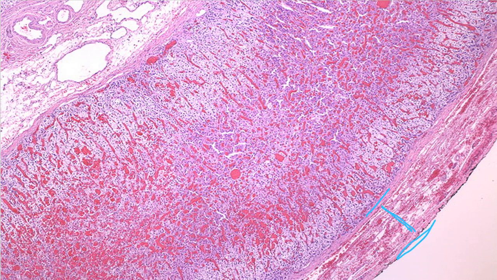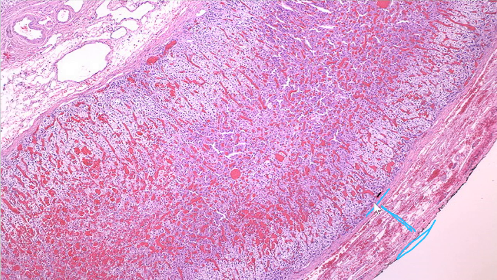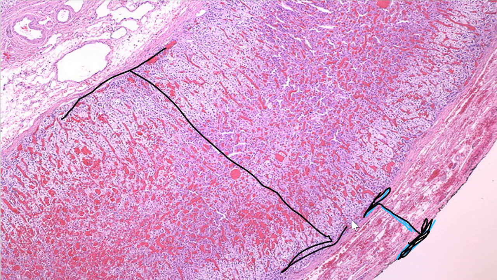Okay, let me change colors to black so that this can be seen a little bit better. Okay. So we have our capsule. This whole area here, so I'm going to draw a big line, is going to be our cortex.